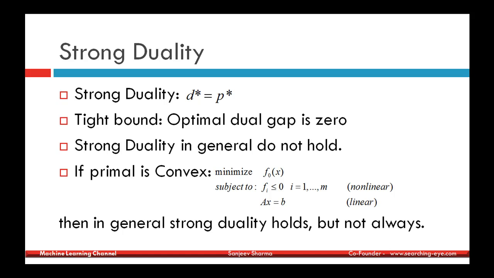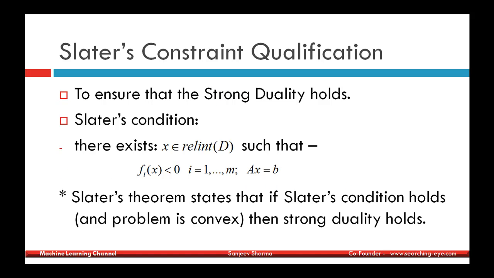For such a convex optimization problem, strong duality holds, but not always. And to ensure that strong duality holds, we have the Slater's constraint qualification condition, or just the Slater's condition, which ensures that strong duality holds for a convex optimization problem.